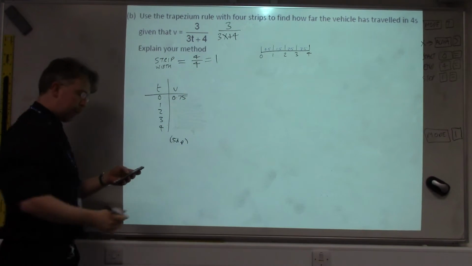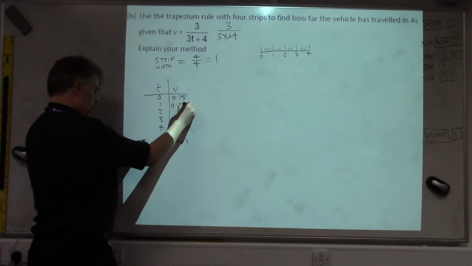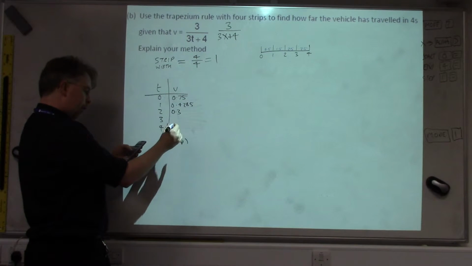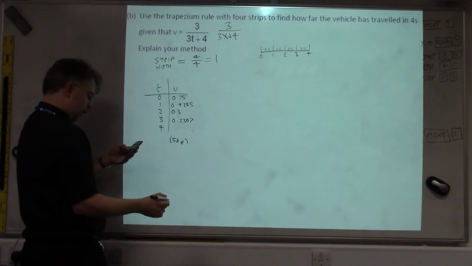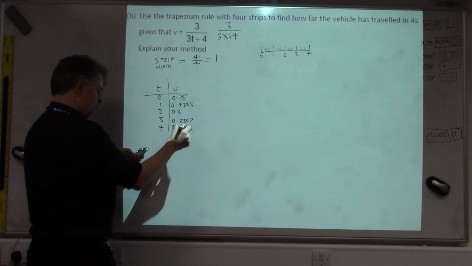So the values are 0.75, 0.4285, 0.3, not needing to round for these, 0.2307, and 0.1875.